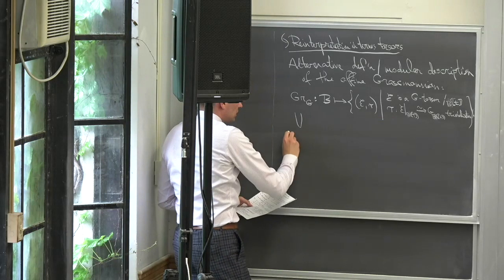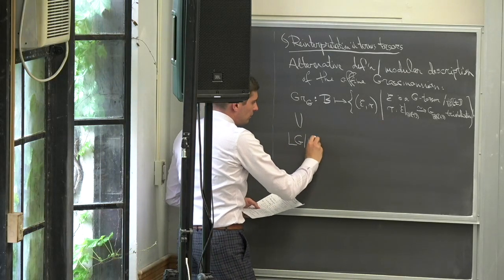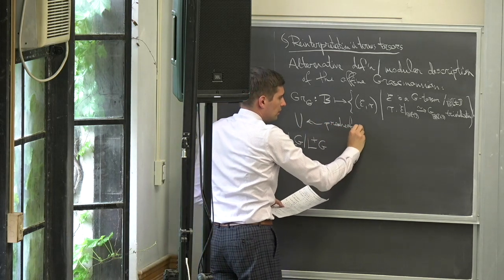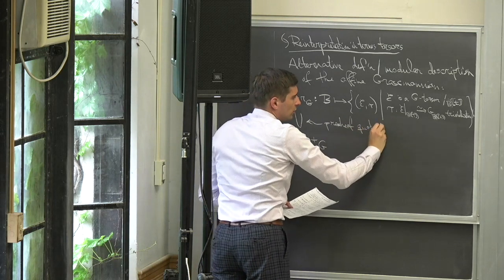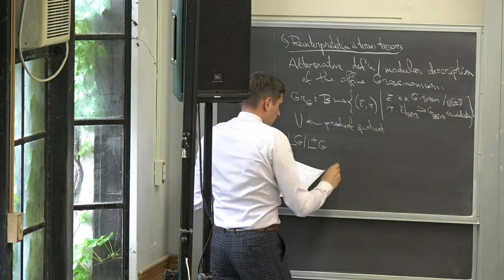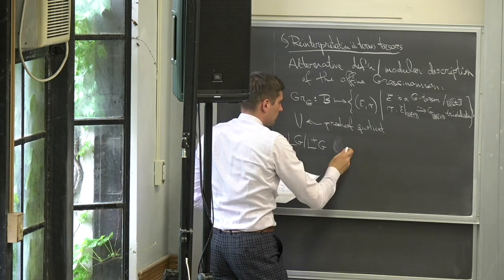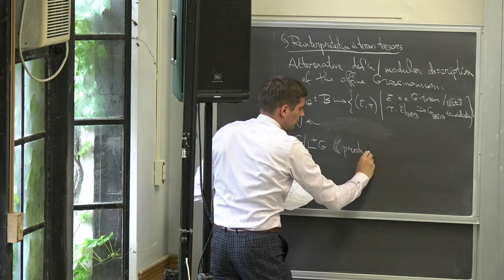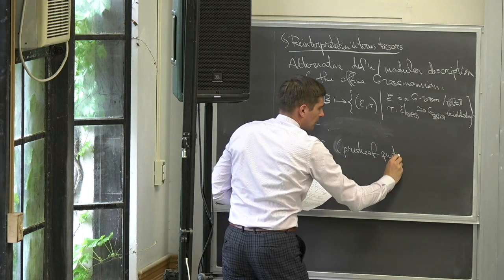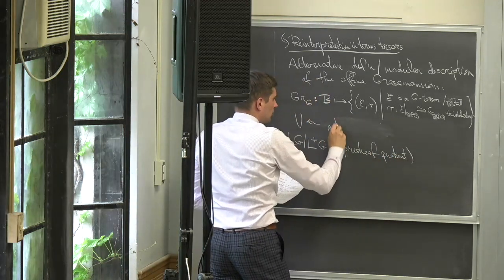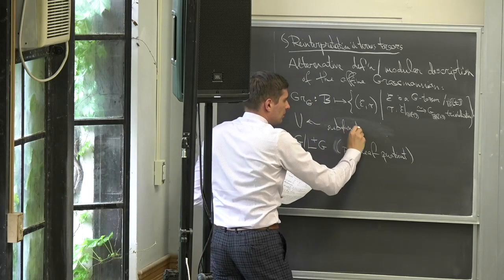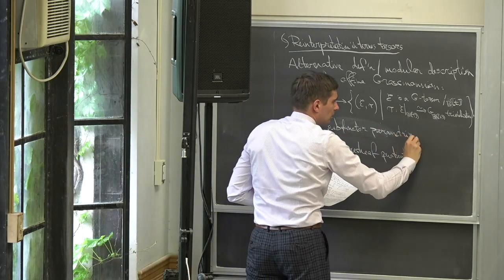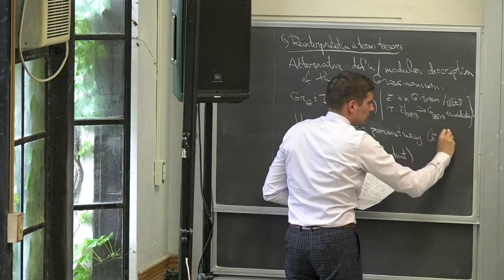And in terms of this description, the presheaf quotient, okay, so that's just the presheaf quotient. It's a subfunctor, namely the subfunctor parametrizing pairs (E, tau) with E trivial.